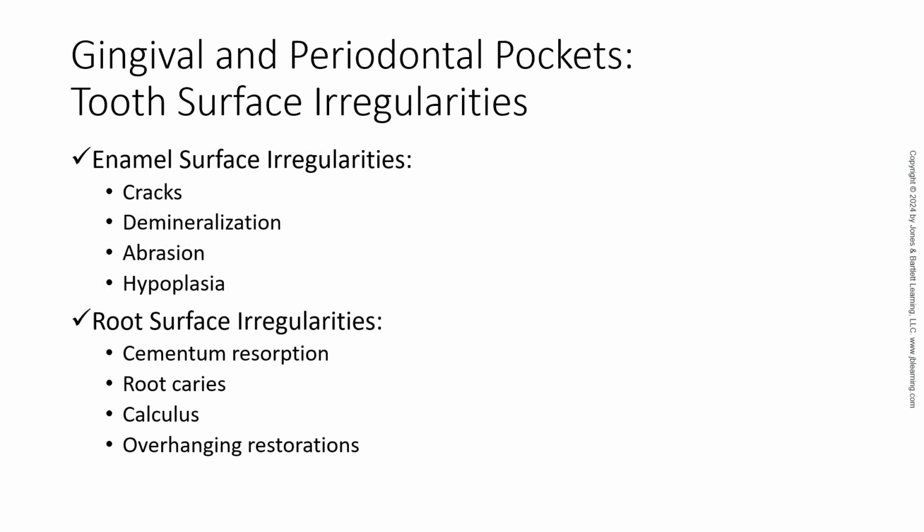Tooth surface irregularities include enamel surface irregularities and root surface irregularities. Those can include cracks, overhanging restorations, hypoplasia, calculus, and carious lesions.